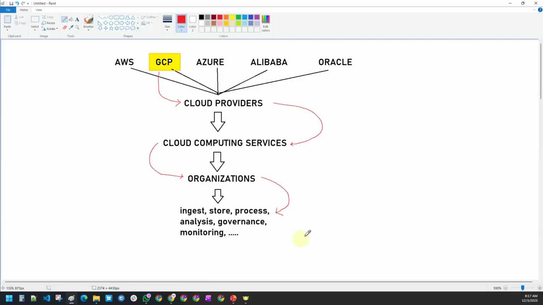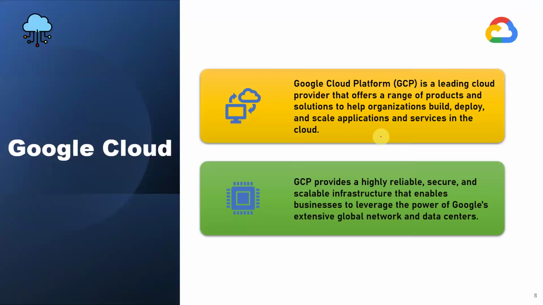Okay, maybe I'll show you from a definition point of view, guys. Sir, what is Google Cloud Platform? If you ask me, Google Cloud Platform is simply a leading cloud provider that offers a range of products and solutions to help organizations build the application, deploy the application, and scale the applications and services in the cloud.